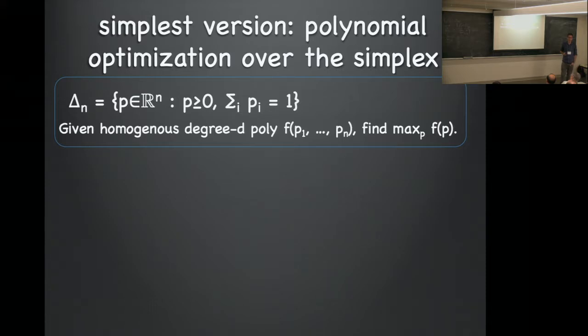If so, that will correspond to a very simple kind of sum of squares proof that f of p is at most lambda. So that will give you an upper bound on the maximum. And it turns out each one gives you very similar error performance. And the error is going to go down like 1 over k in each case.